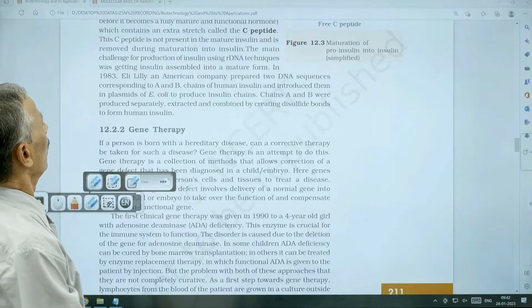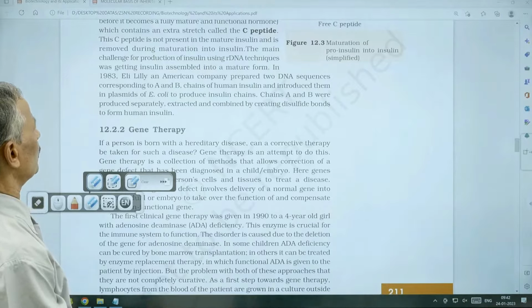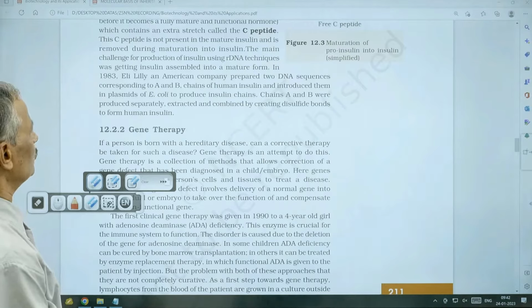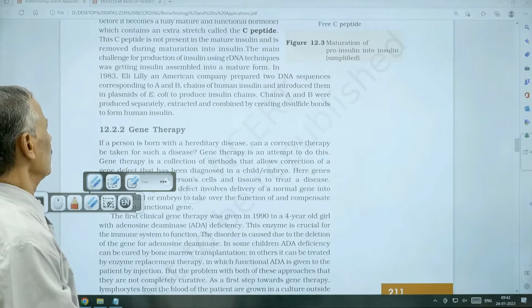So this American company prepared two DNA sequences, corresponding to A and B chains of human insulin, and introduced them to the plasmids of E. coli.